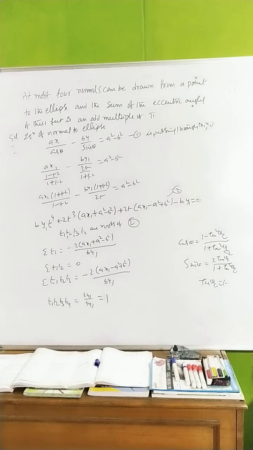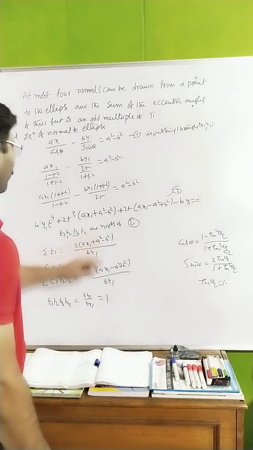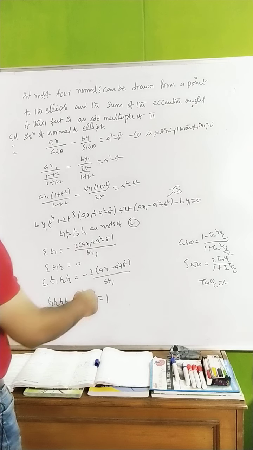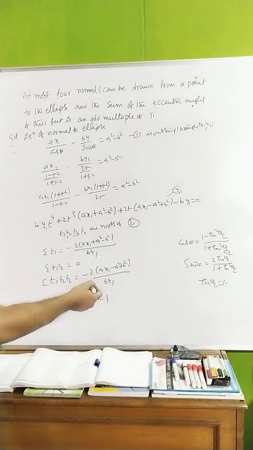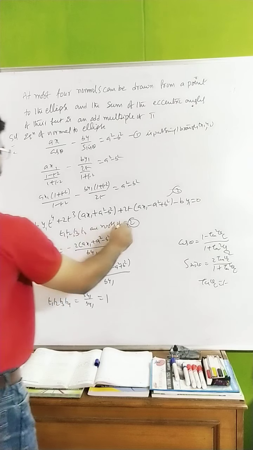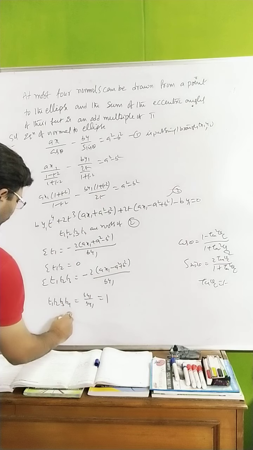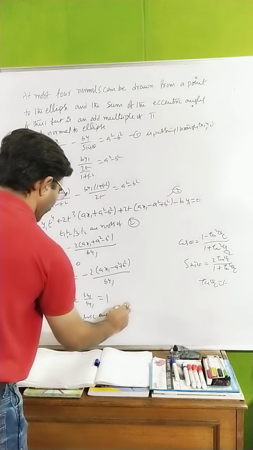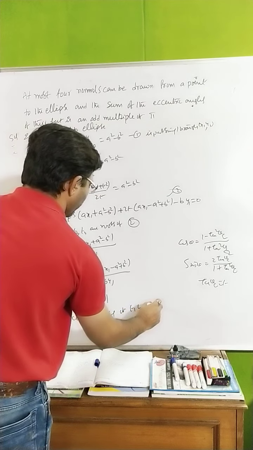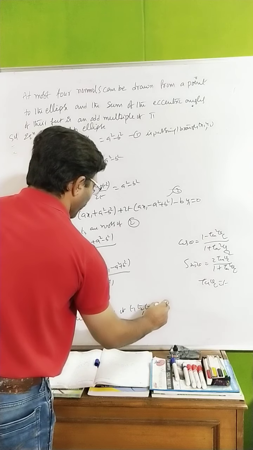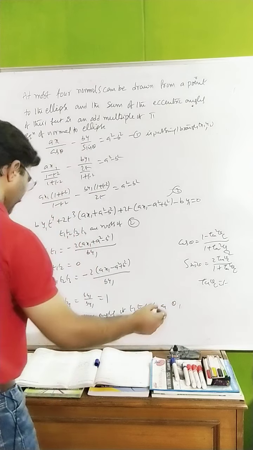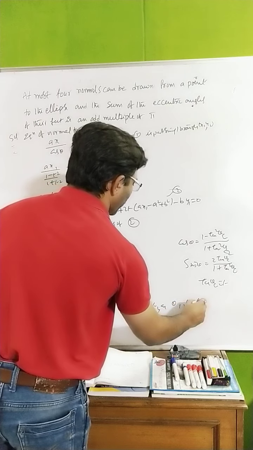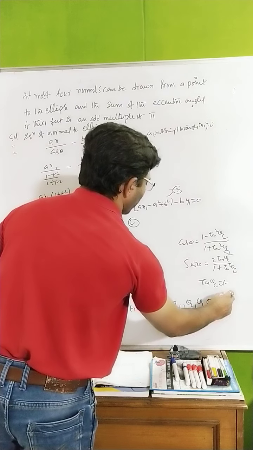Let us assume that t1, t2, t3, t4 are the roots, and their eccentric angles, the eccentric angles of the four normals, are theta 1, theta 2, theta 3, theta 4 respectively.